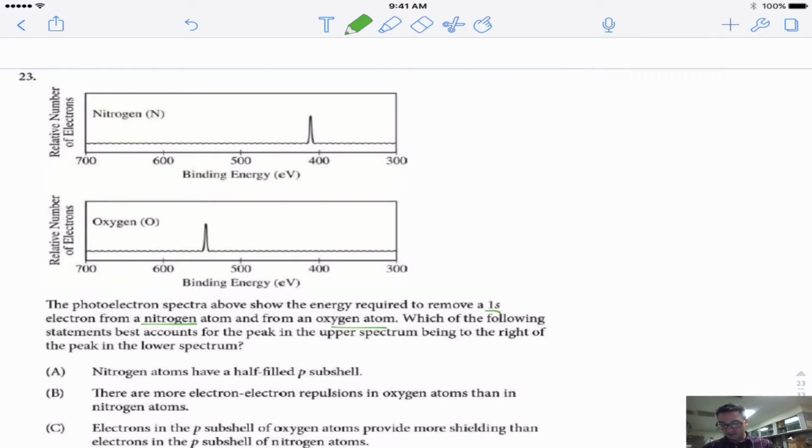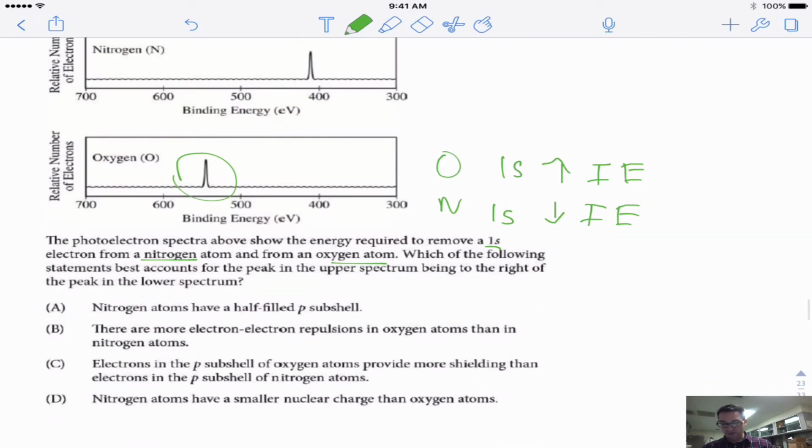When we look at this, we see the ionization energy of oxygen as being greater. So oxygen, to remove that 1s, has a higher ionization energy, and nitrogen, for its 1s, has a lower ionization energy. So why does it take more energy to remove oxygen's electron?